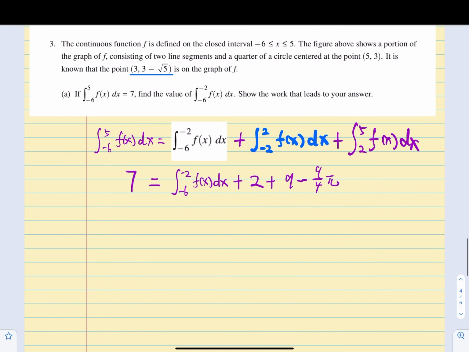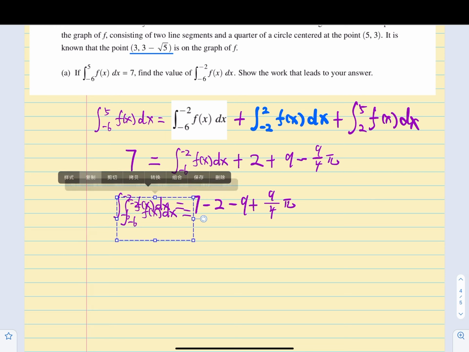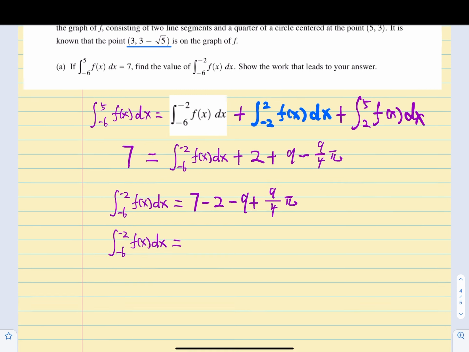And so we will get this part equal to 7 minus 2 minus 9 plus 9 over 4 pi, and let me write this thing down, copy, and calculate it out.